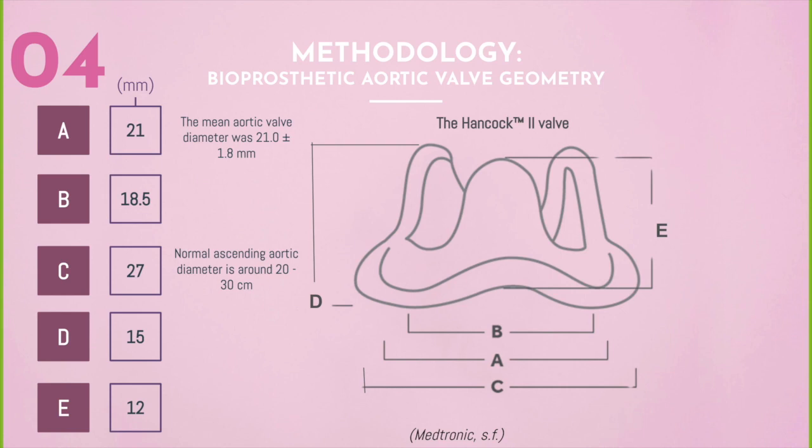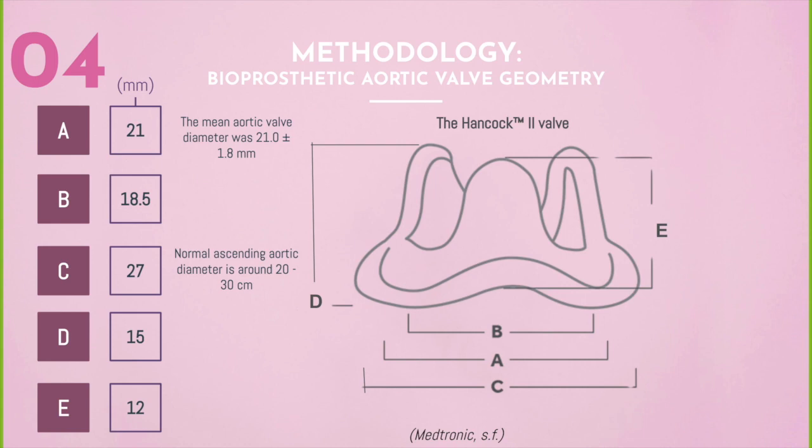The methodology that we apply to create our valve. First, we have to talk about the geometry. Here we have a model of the Hancock II valve that was implemented 30 years ago by Medtronic, which is the company that created it, and we have different dimensions that we follow in order to design our bioprosthetic valve.